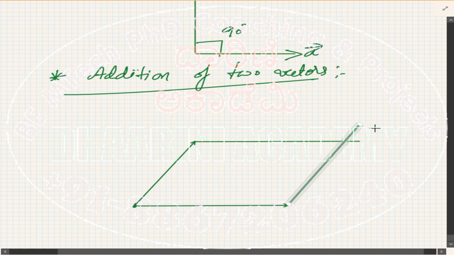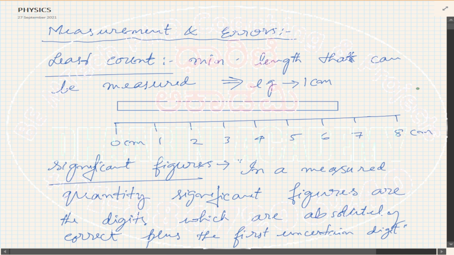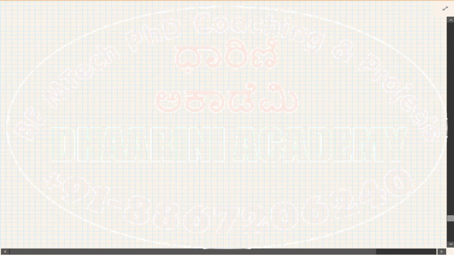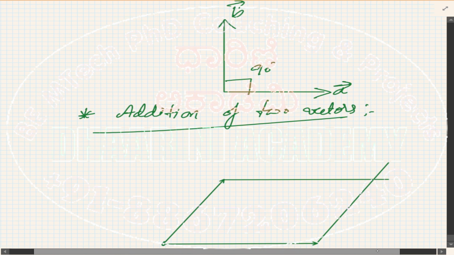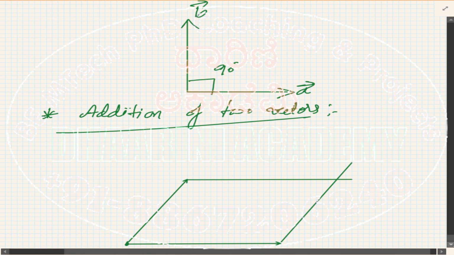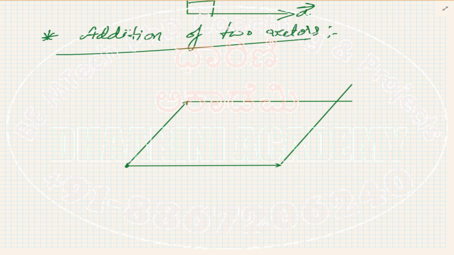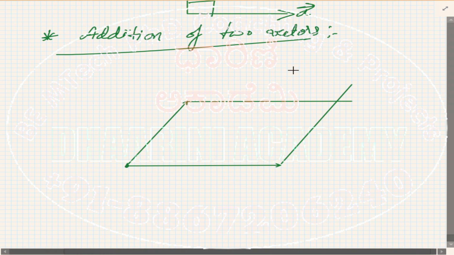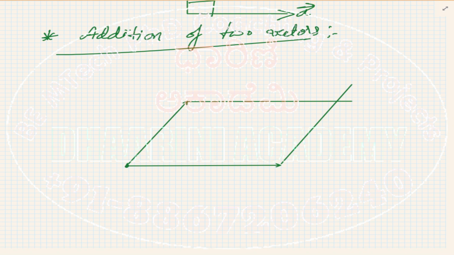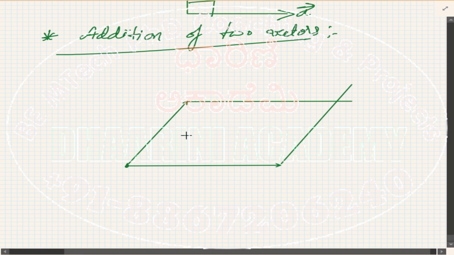Okay, so if we are drawing like this, then the diagonal of the parallelogram represents the sum of the two vectors. So the diagonal, let me draw using a different color. So this is the diagonal.